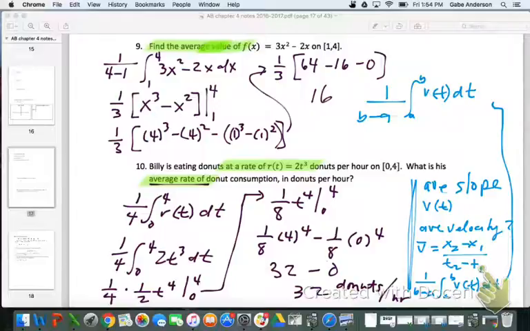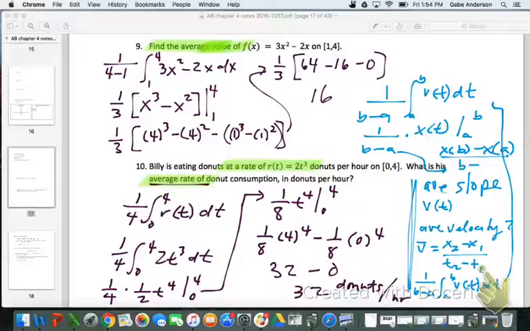So I'd say 1 over b minus a times, can I represent position with x? If it's moving left and right, x makes sense. So I'm going to write it as x of t evaluated from a to b. That would just be x of b minus x of a, divided by b minus a.